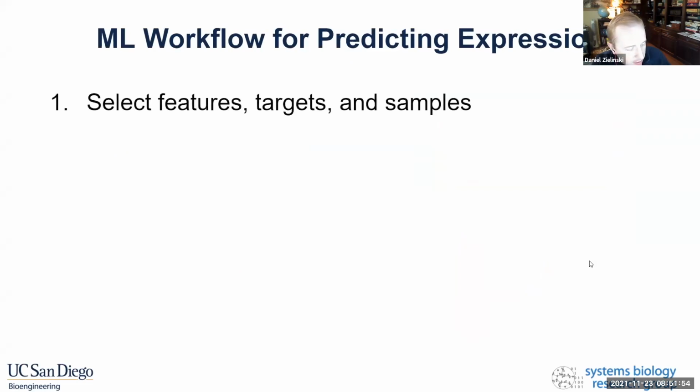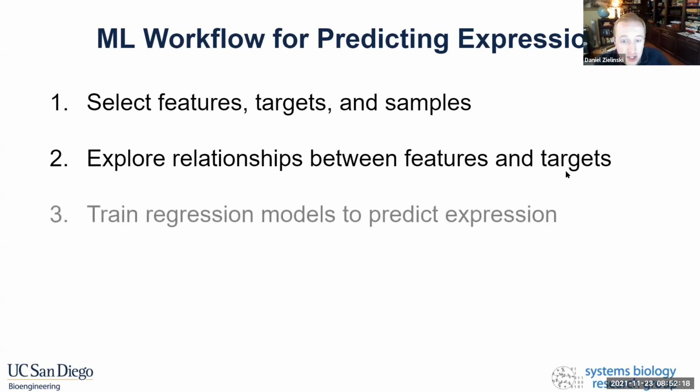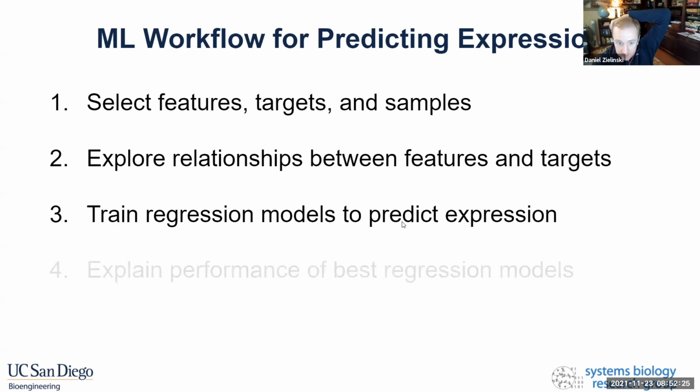So a very typical workflow for doing this. We need to select whatever features we want to train the model on, and our target data, and then whichever conditions we want to use. We like to do a little bit of preliminary exploration, just seeing if we can identify any correlations between features and targets without any kind of sophisticated machine learning. And then we can train some kind of regression model to predict expression.